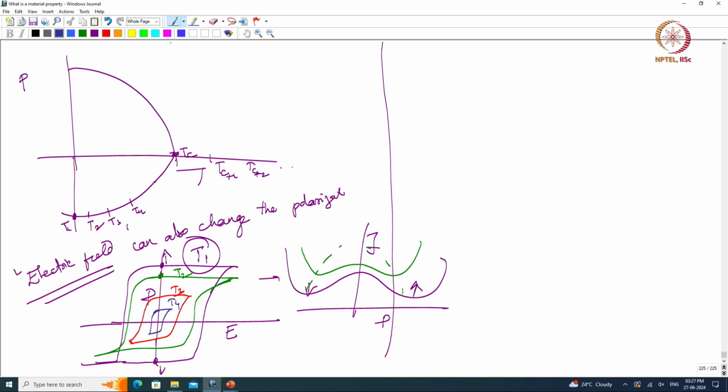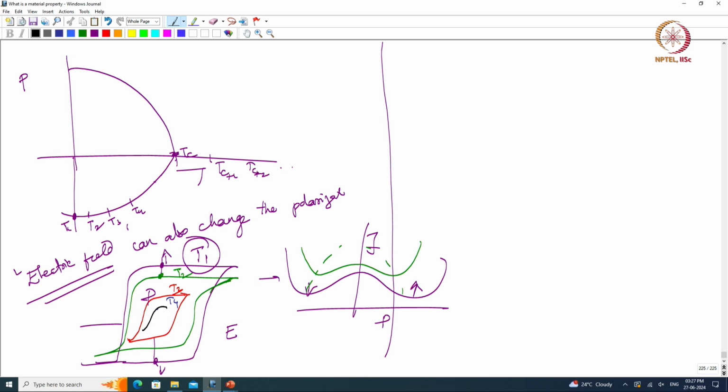At Tc and beyond Tc, there is no remnant polarization at all; this just becomes a nice paraelectric material. There can still be some non-linearity, that is okay. Let me redraw T4 again.